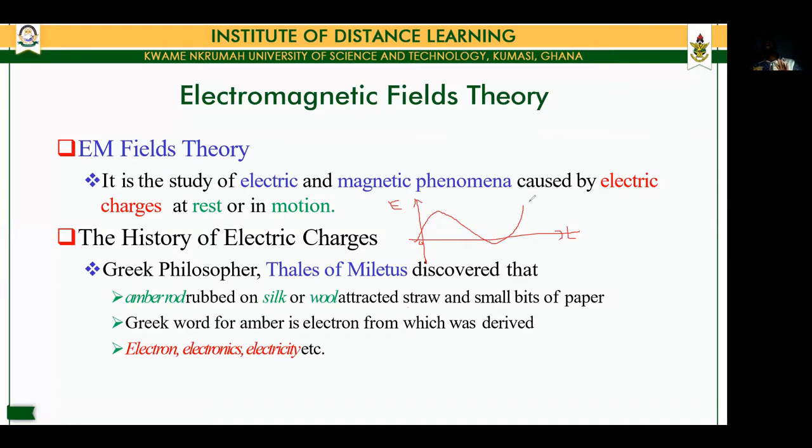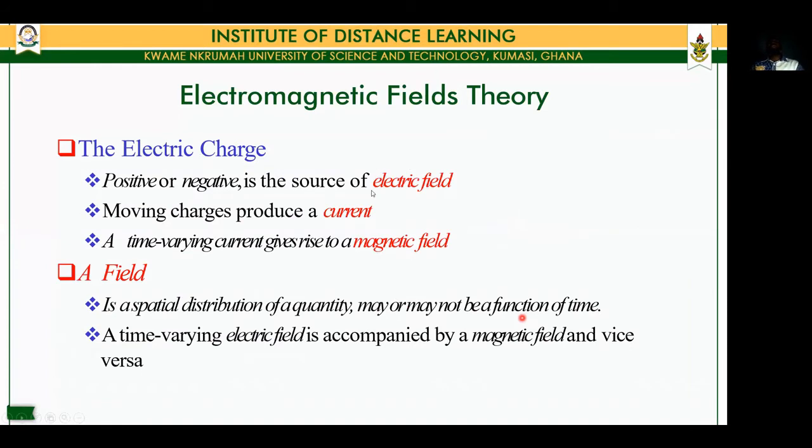So the field may be changing both in space and time. And that is what adds a little bit of complication to this course, because we are analyzing quantities that are changing in space and in time. But there are some concepts which, if we focus on understanding them, I believe this course will come a bit handy.